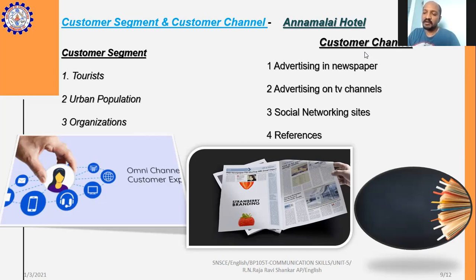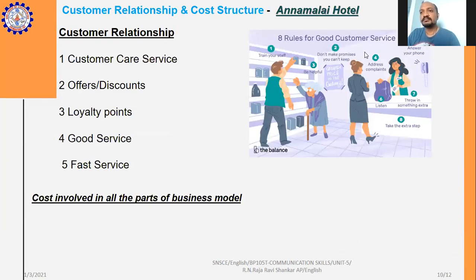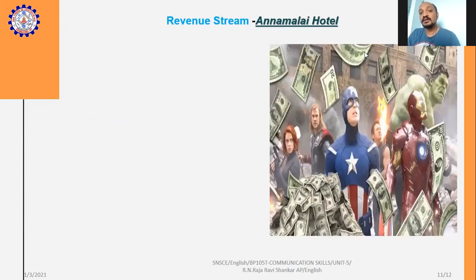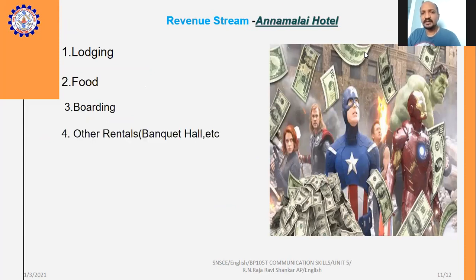Reference our customers. Customer relationship. That is something we can never do and forget. Where does the money come from? The money comes from all these things. But one more thing is, as I said, somebody can advertise. You can advertise on some other channels.